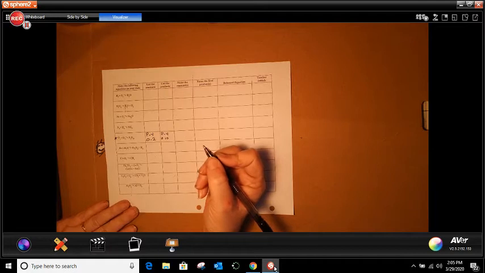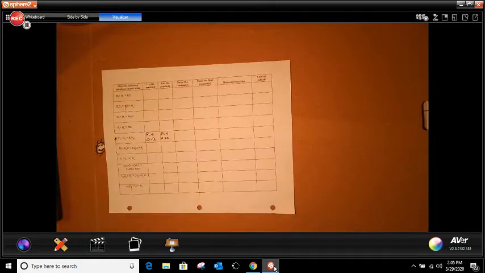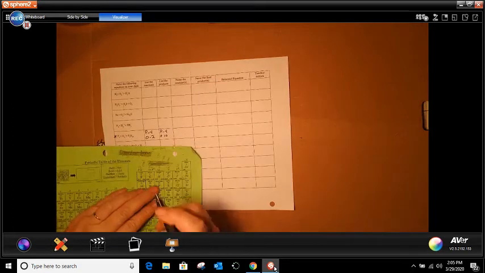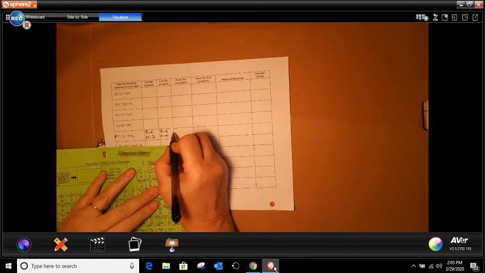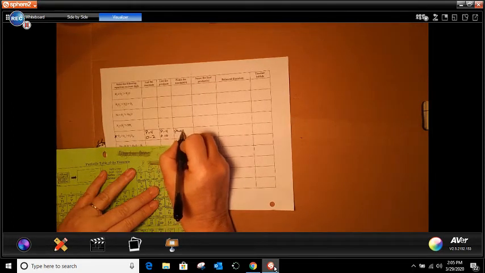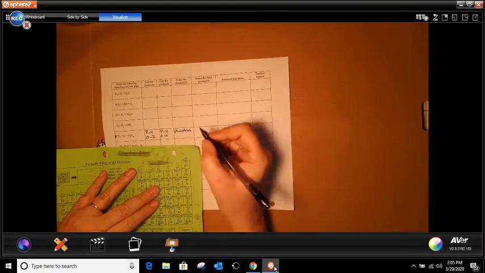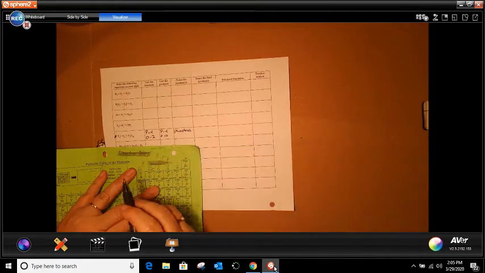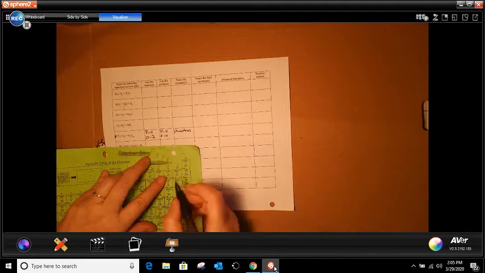Name of the reactant, well, that is P, so I need to get my periodic table out and look up what P is. P says phosphorus, and then it asks for phosphorus and oxygen, right?